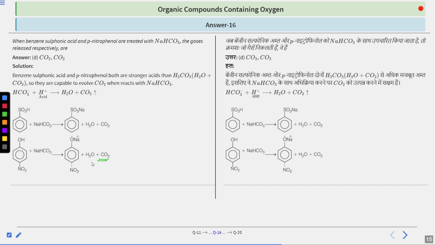So in both processes CO2 gas evolves, right? The evolved gas is CO2 in both cases, and that is why the correct answer is option D, that is CO2 and CO2.